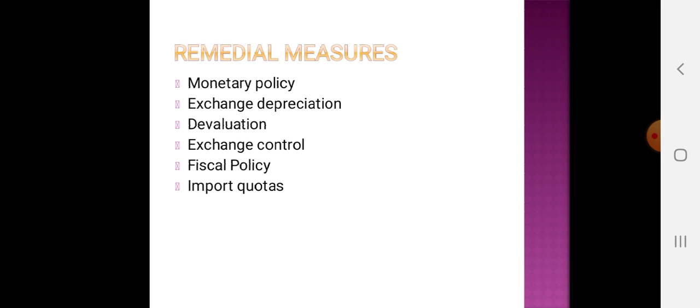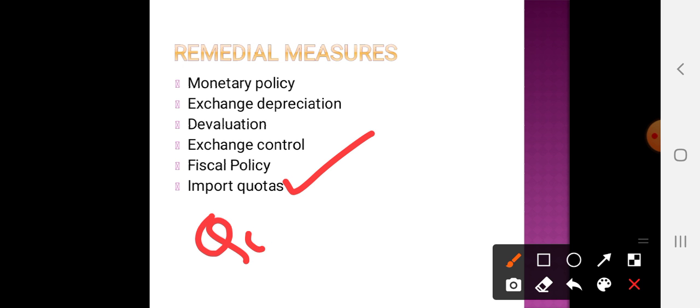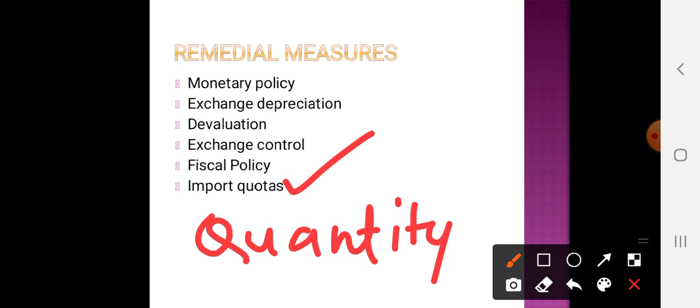Next we have import quota. I think I discussed in one of the previous classes what an import quota is. An import quota is a restriction on quantity. This is the maximum quantity which we can import from others.